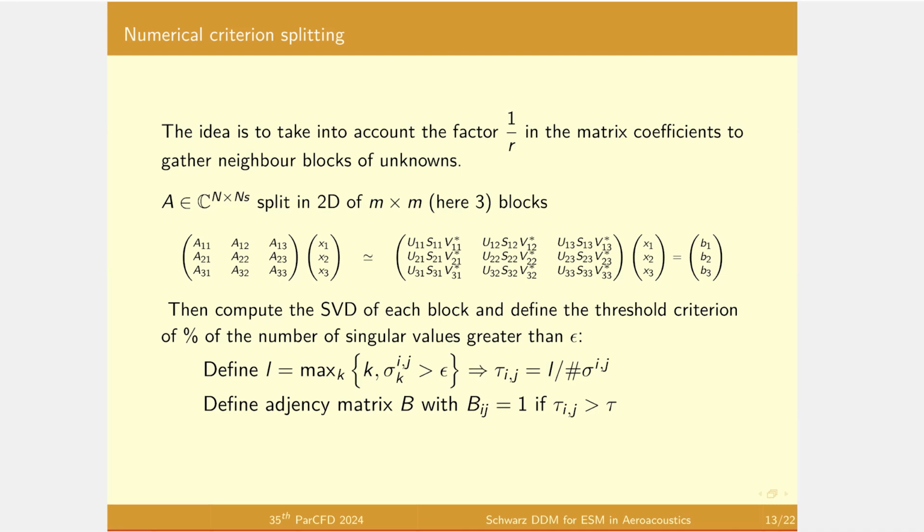Then we define a threshold criterion on the percentage of singular values greater than a threshold epsilon. We define an index L as the max of the singular values greater than epsilon, which defines a percentage tau for each block. Then we define an adjacency matrix B, where the coefficient is 1 only if the criterion is greater than the threshold we have fixed.